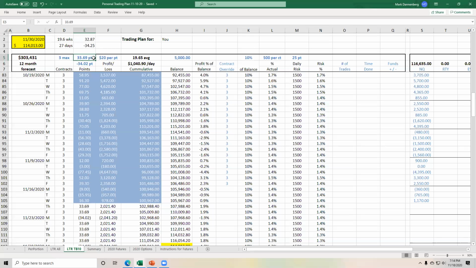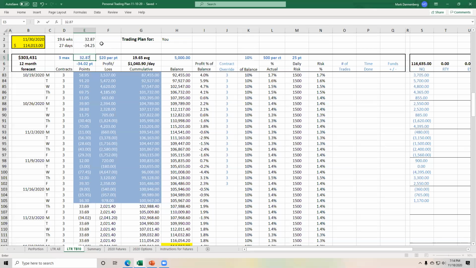Now you can see when we plugged this in as of last Friday, it was a little bit higher than that. The numbers aren't going to be significantly different, but there's a little variation to the numbers on a day-to-day or week-to-week basis. And it's important that you forecast appropriately based on what you have actually been able to accomplish.